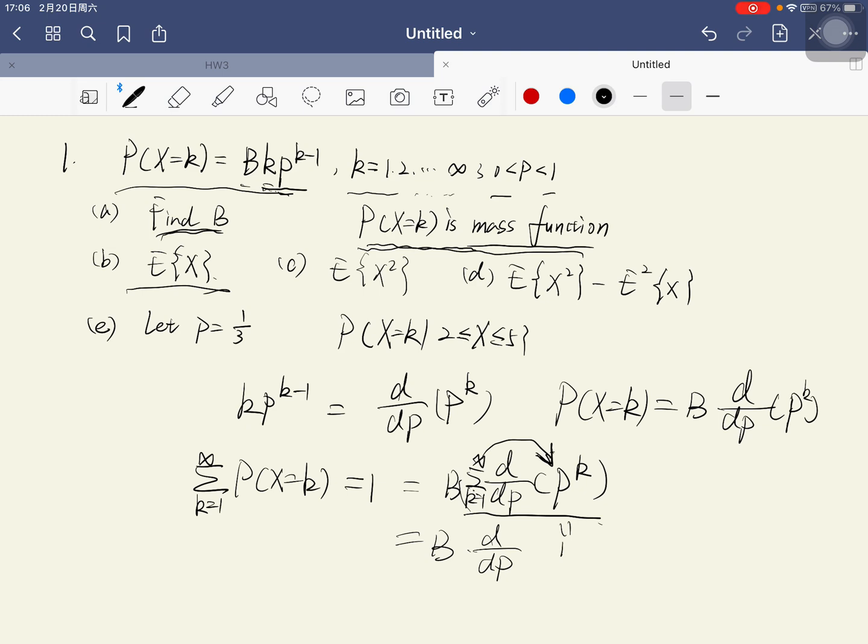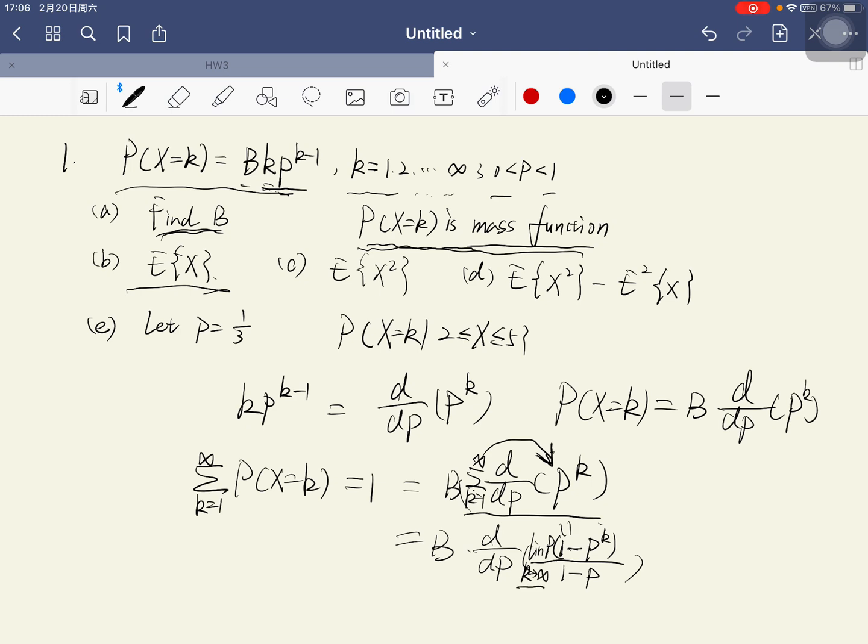It is equal to p times (1 minus p to the power of k) over (1 minus p), with the limit of k to infinity.